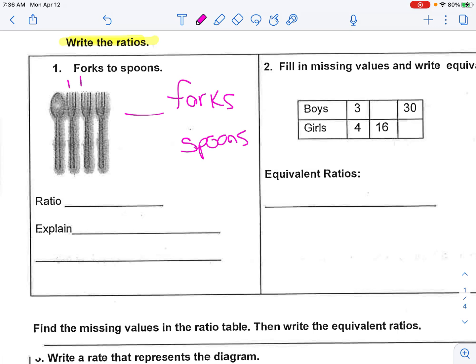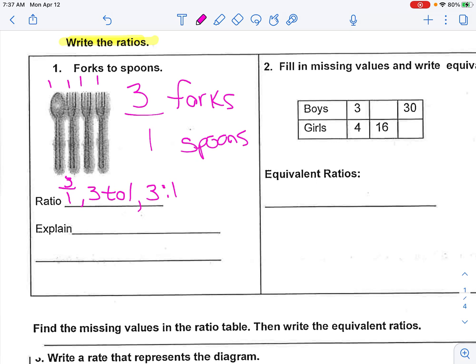So counting the forks, I've got 1, 2, 3 forks, and I've got 1 spoon. So the ratio of forks to spoons, you could tell me is 3 to 1, or you could write 3 to 1.